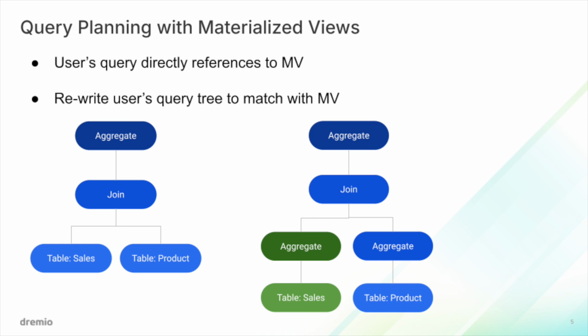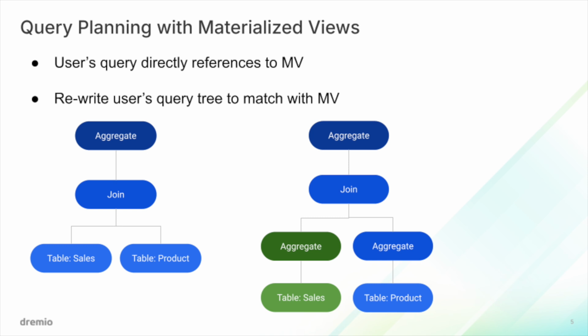Now, a little more sophisticated planner will try to rewrite the user's queries. To give you an example, on your left side is a query where you're joining two tables and then aggregating on top. Pretty simple. What the planner can do is see that this aggregate can be decomposed and split below the join, so it will rewrite that query to the right side. Now you've got aggregates on top of each of those scans.